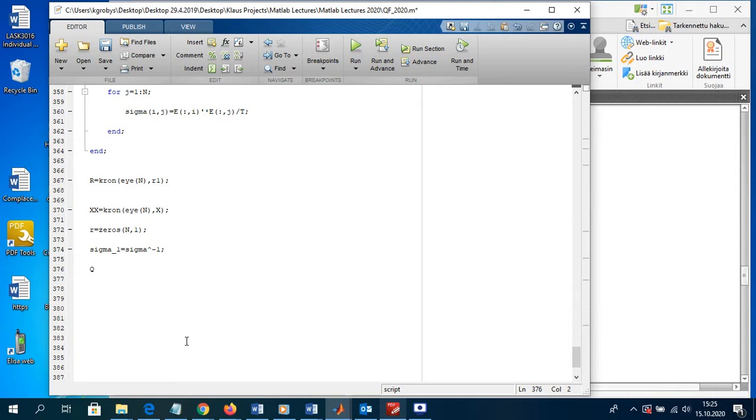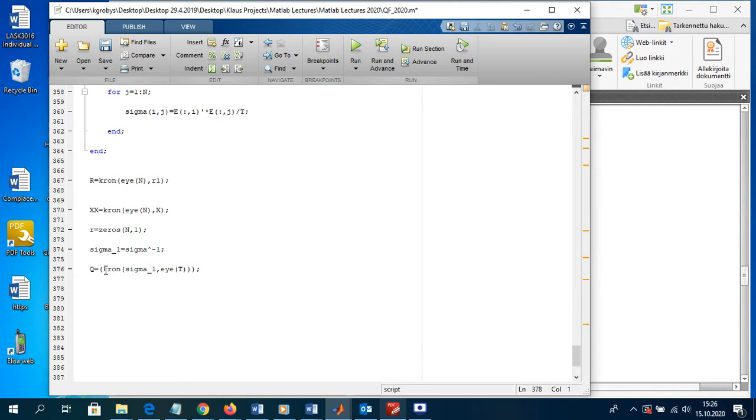So it's very simple. Let's call this guy Q and define Q. What should it be? Well, Kronecker product again, the inverse of sigma, which is sigma underscore 1, we have just defined it, and the identity matrix, now we have to take the dimension t. Close the parentheses and the next one as well. So that has now a huge dimension.